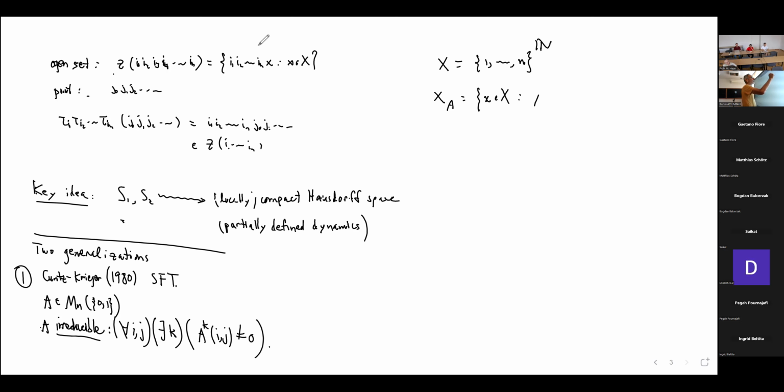So we want A, so maybe it's convenient to continue with parentheses, A(x_i, x_{i+1}).